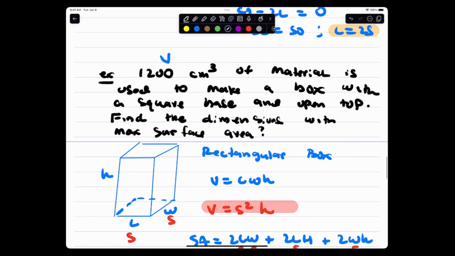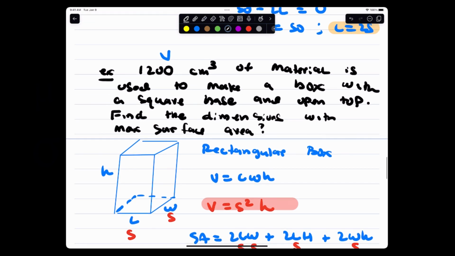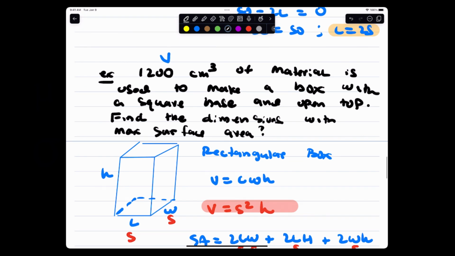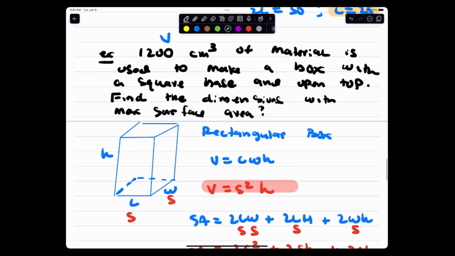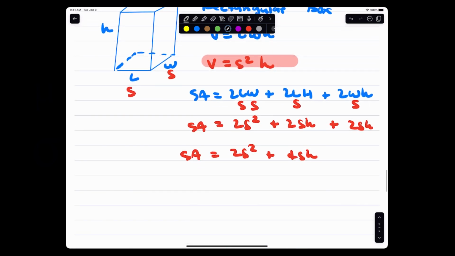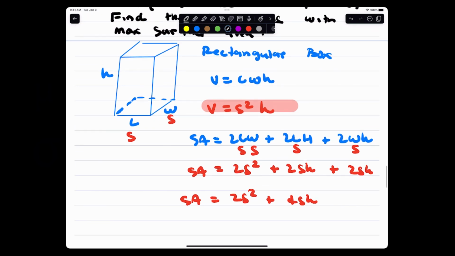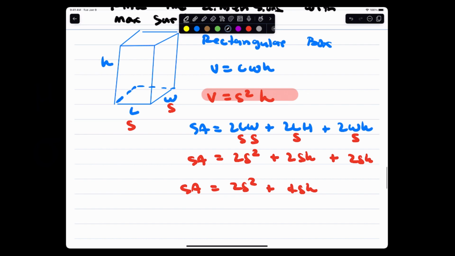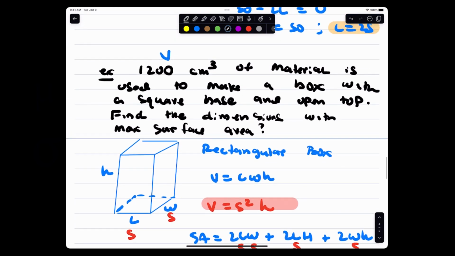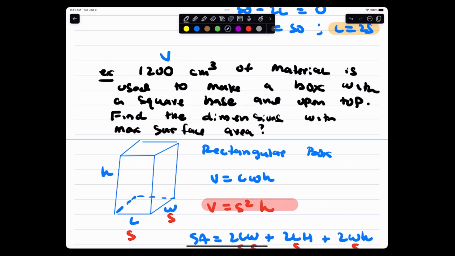No, this is really bothering me. So 1200 centimeters of material. Something's really bothering me about this one. Well, let's see our equations here. It should be the other way around.